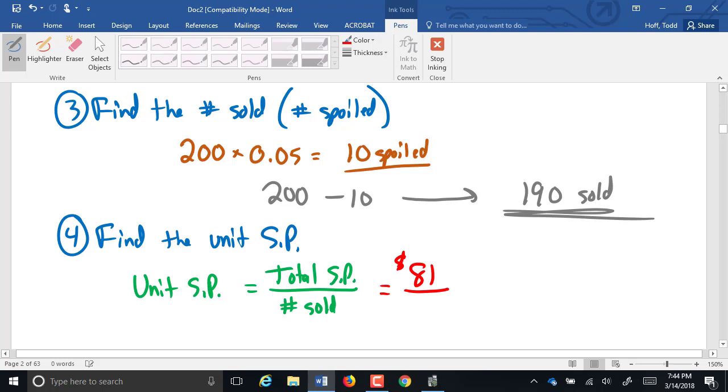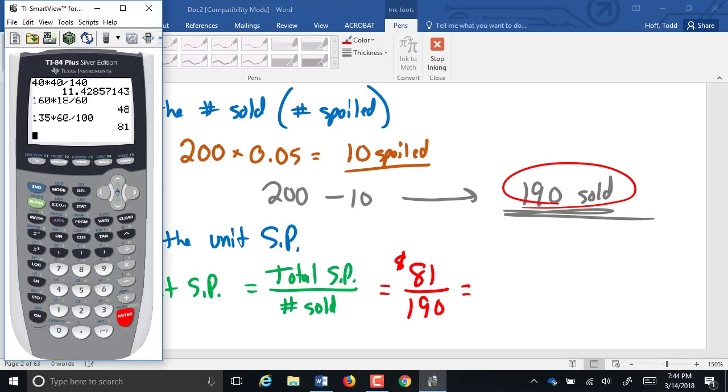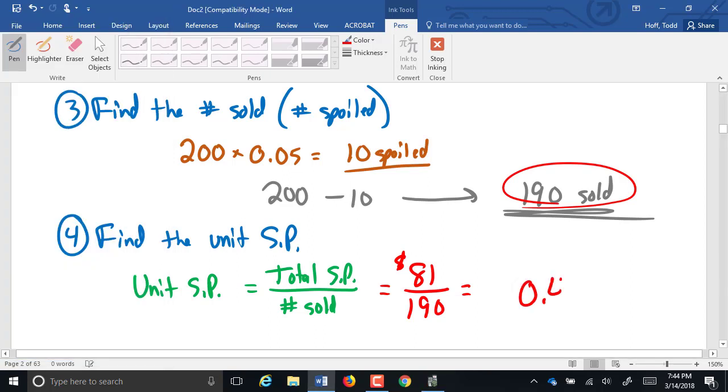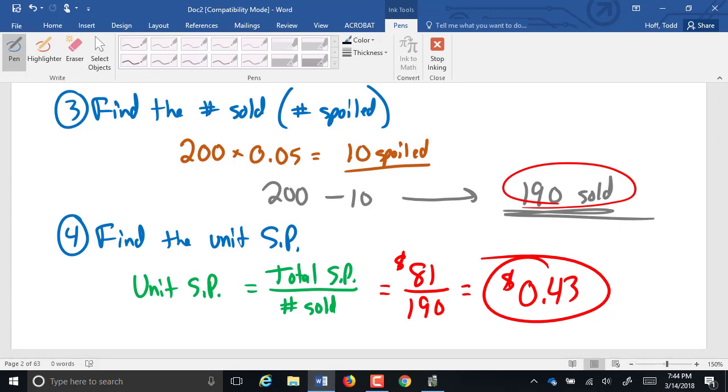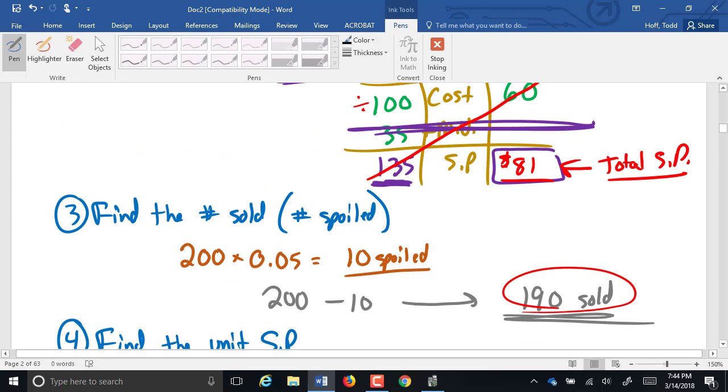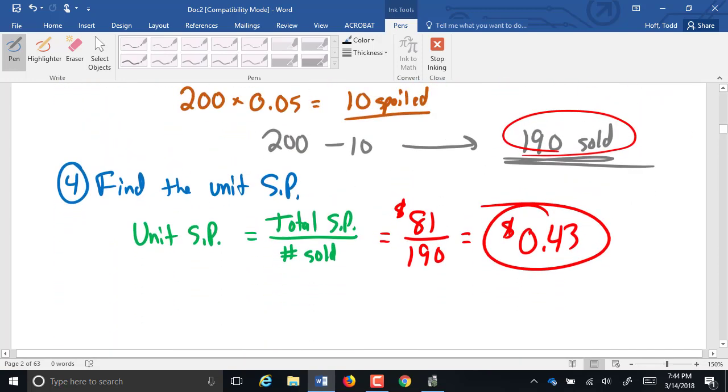How many units are going to be sold? 190. Of course, rounded to the nearest penny, that's going to be 43 cents. So each donut has to sell for 43 cents in order to cover expenses and clear that, was it 35 or 45% markup? 35% markup on cost. Any questions there?